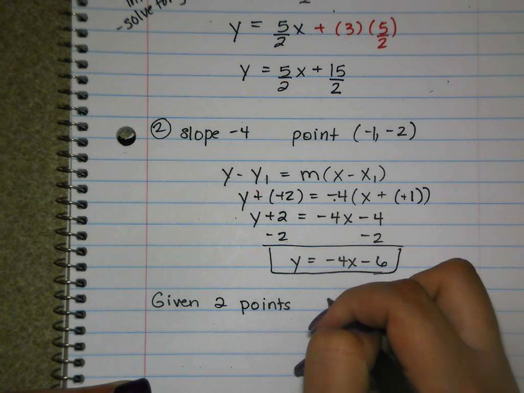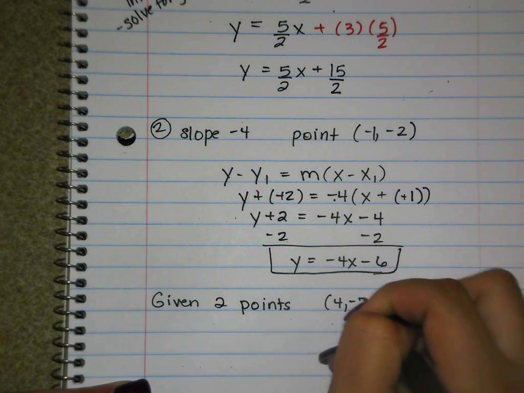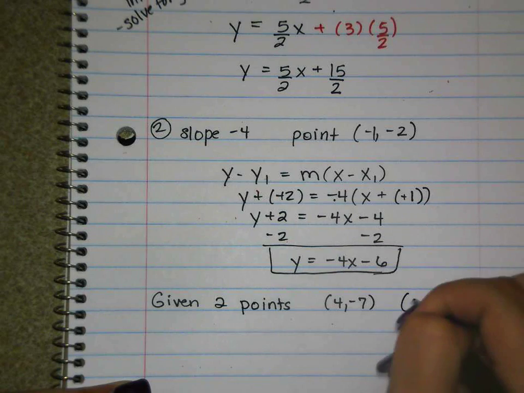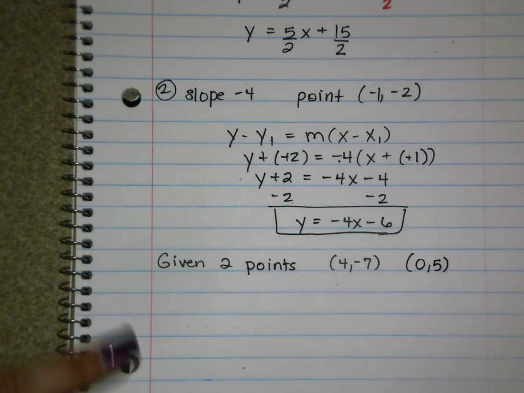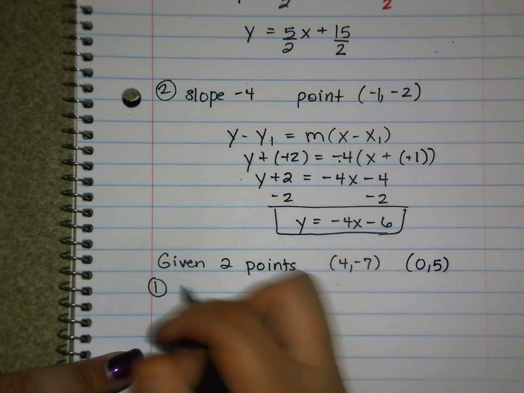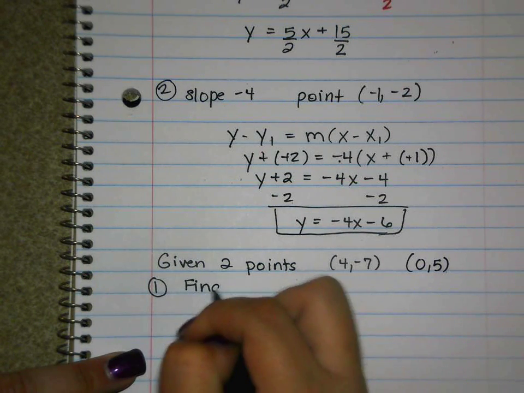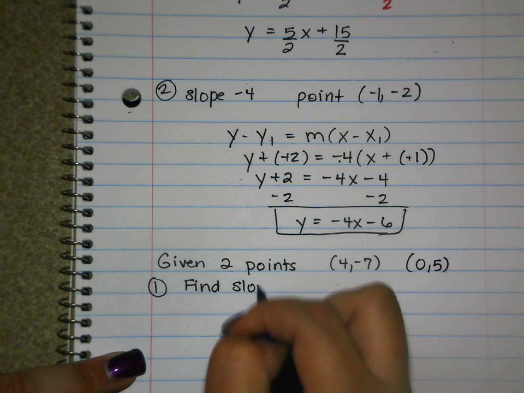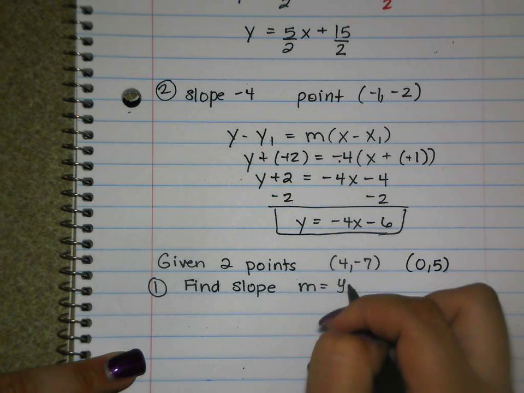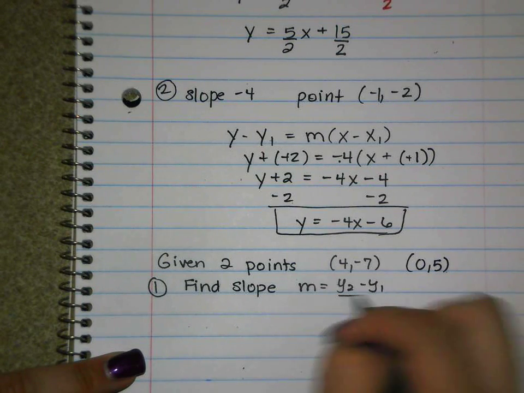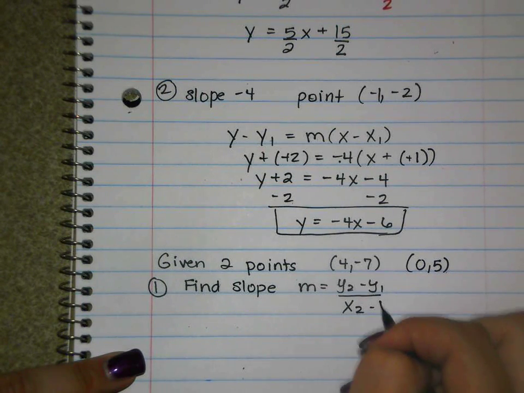We are given the 2 points, (4, -7) and (0, 5). Okay, those are the 2 points. So we have a few steps to follow. Our first step is going to be find slope. Okay, and we should remember that slope, which is m, is equal to y2 minus y1 over x2 minus x1.